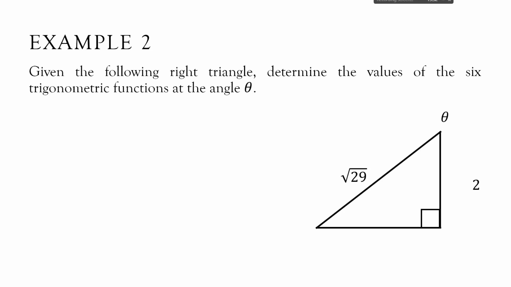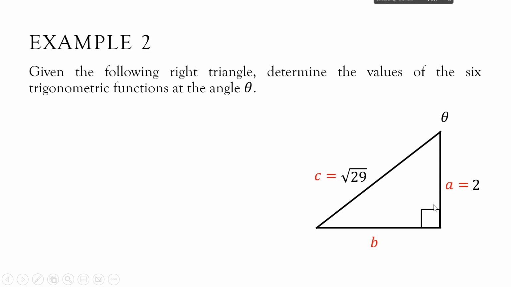Alright, so let's start off by figuring out what the third side is. For convenience, let me go ahead and label this triangle a little bit. I can say let A be equal to 2, B be this bottom side, and C be the hypotenuse. Again, I want to remind y'all that C always has to be the hypotenuse.